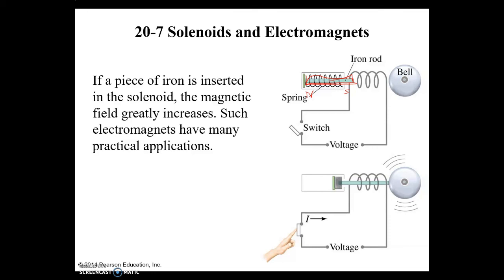When the switch is closed, let's say that it forms a North pole on this side and a South pole on this side, which we saw would then take the magnet and pull it in. And when it would do that, then theoretically this bar would be going fast enough that it would have momentum and hit a bell, ring the bell.